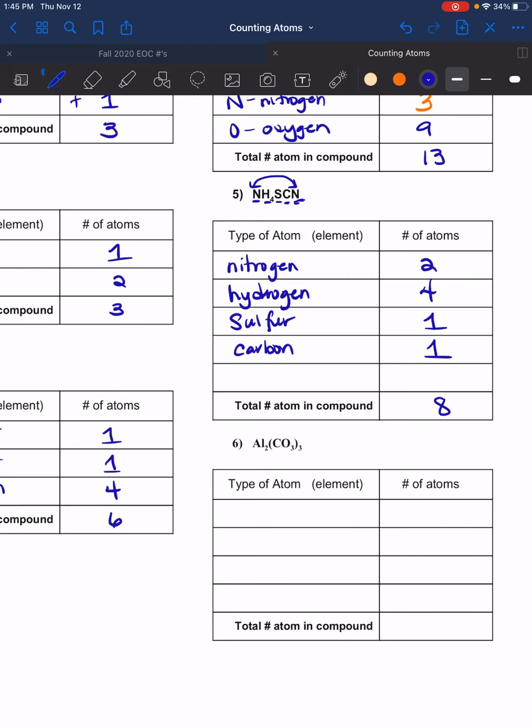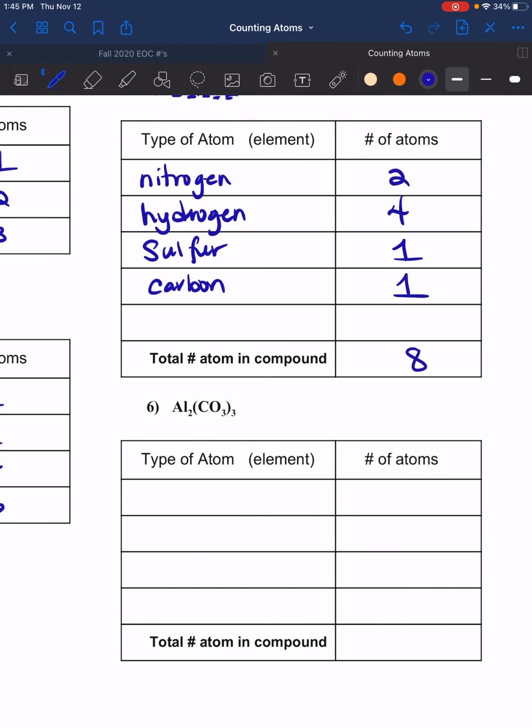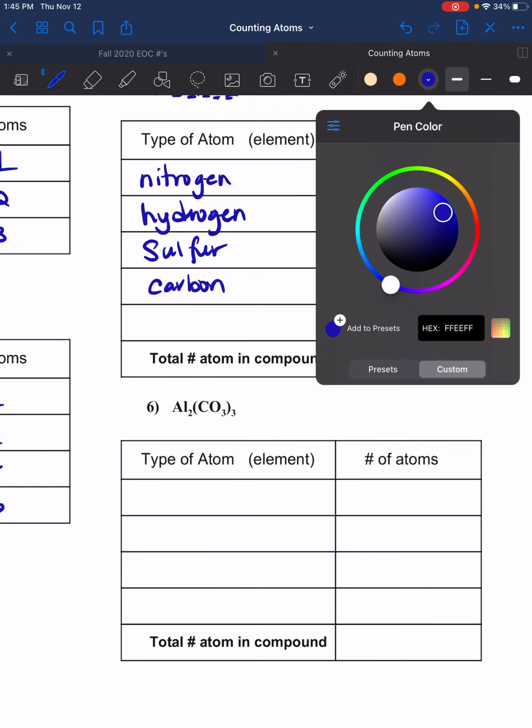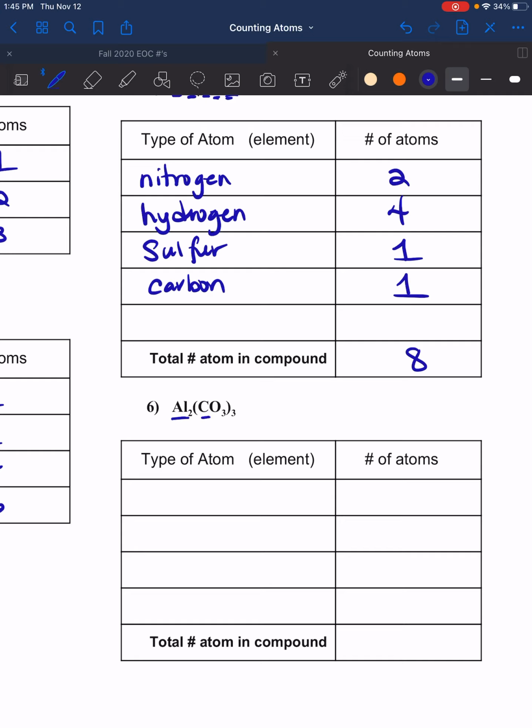And then last we have this one, another parentheses, but let's count our elements first. Capital letters. There's an Al, there's a C, there's an O. 3 elements. Al is aluminum, and it has a 2. C is carbon, O is oxygen.